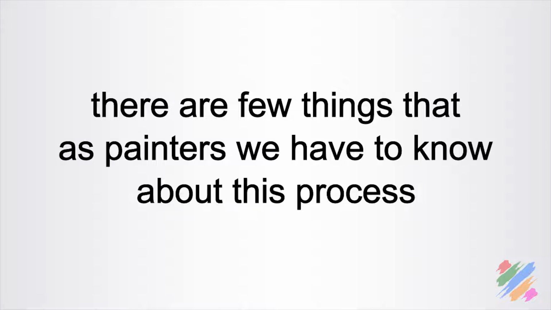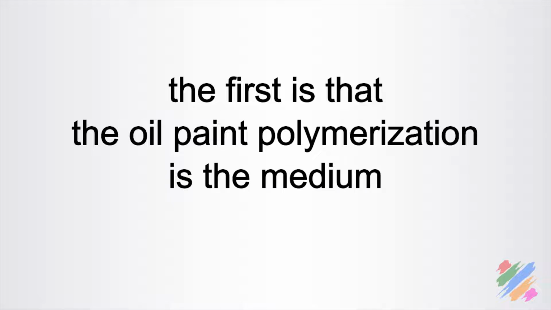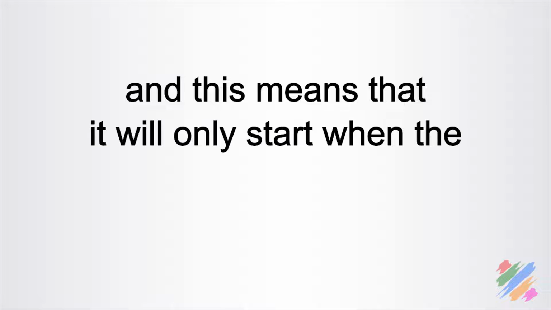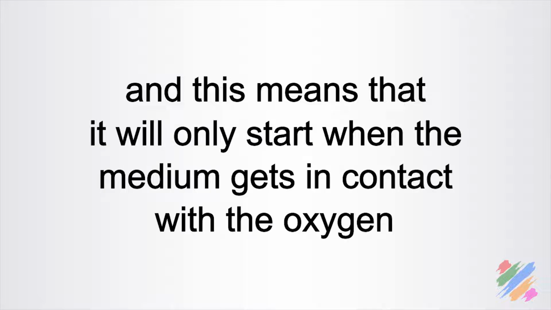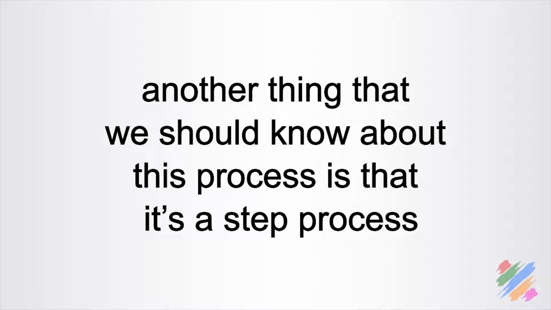There are a few things that as painters we have to know about this process. The first is that oil paint polymerization is the medium oxidation process. And this means that it will only start when the medium gets in contact with oxygen. Another thing that we should know about this process is that it's a step process.